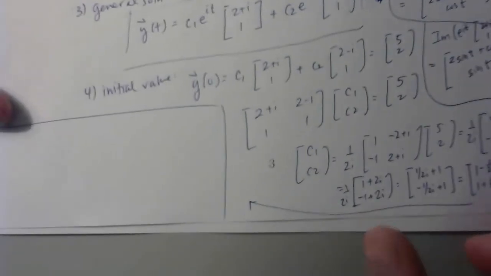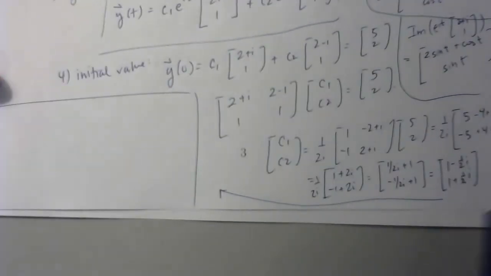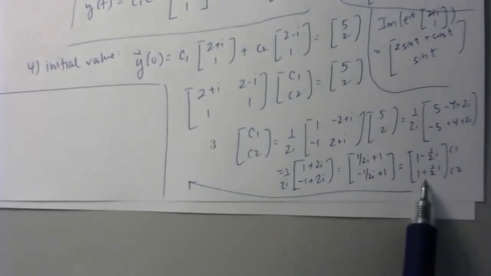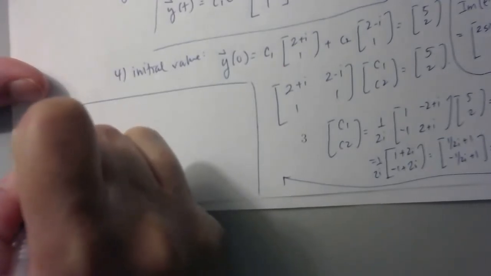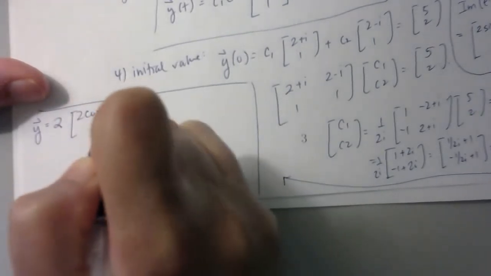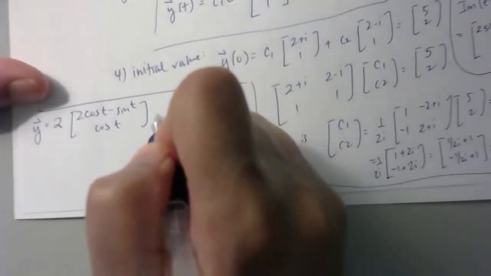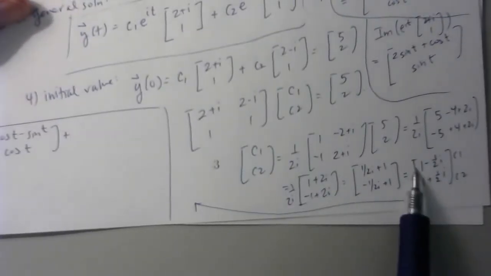so the final solution here should be C1 plus C2. Remember what C1 and C2 are over here. If I sum them up, it's 2. So 2 times the real part, 2 cosine t minus sine t, and cosine t as the second element, plus d2 is going to be the difference of these guys.